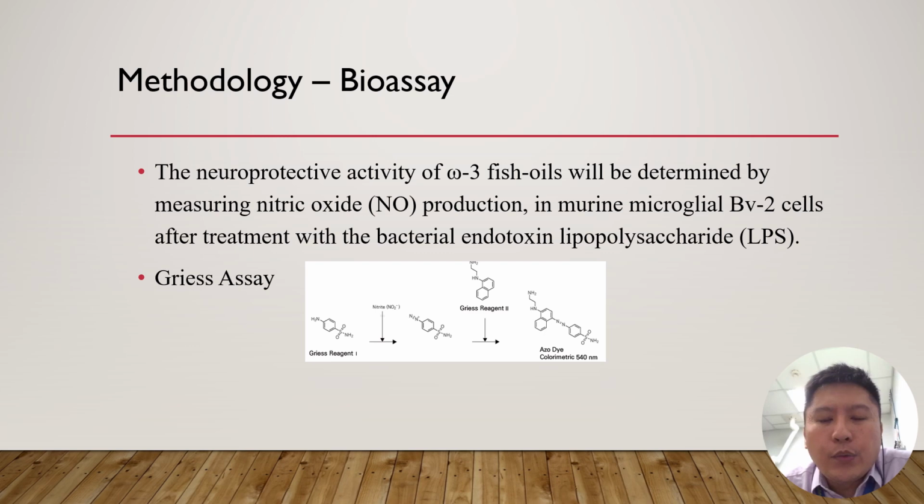Then a Griess assay will be performed with the use of the UV spectrophotometer. This method will be used to quantitate the neuroprotective activities of the omega-3 fatty acids.